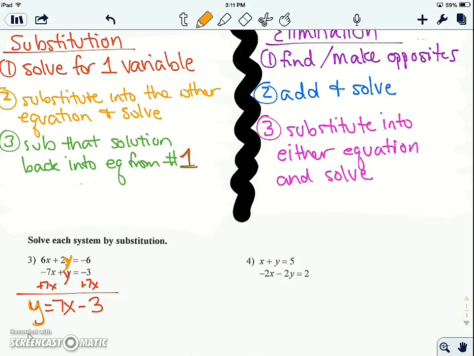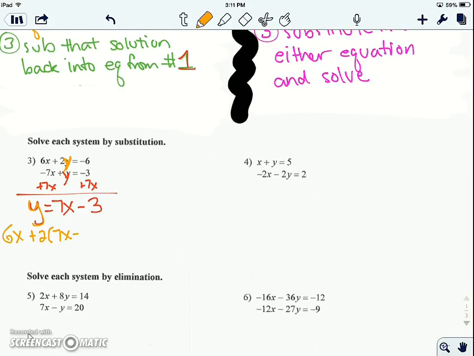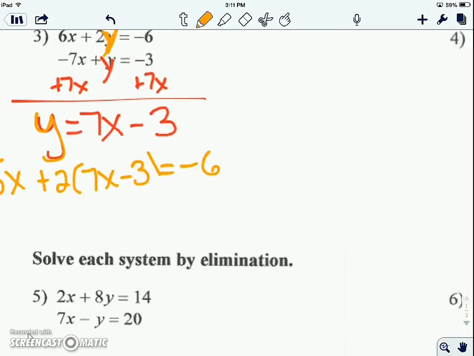So that's step 2. Okay, substitute into the other equation and solve. So I have 6x plus 2 times 7x minus 3 equals negative 6. Looks like I didn't give you guys quite enough room.